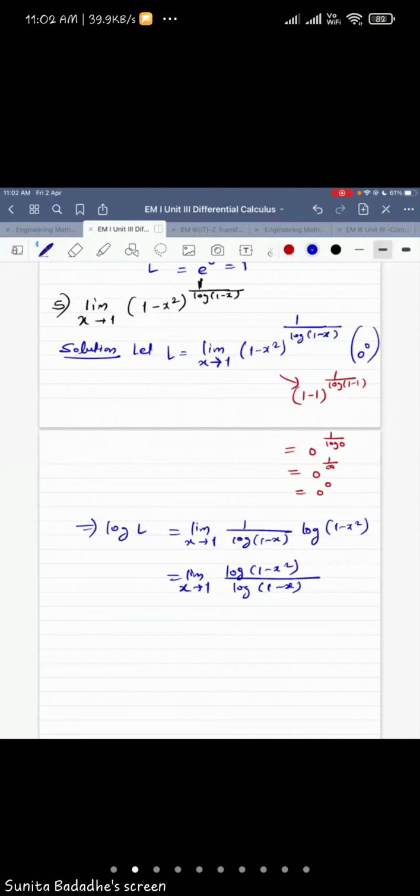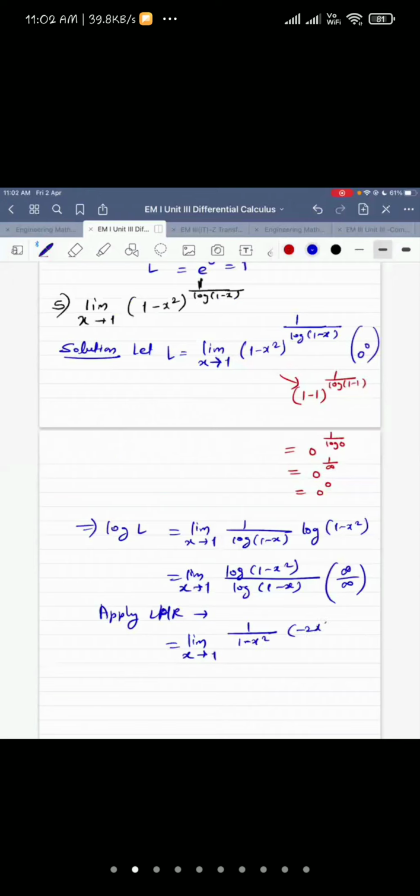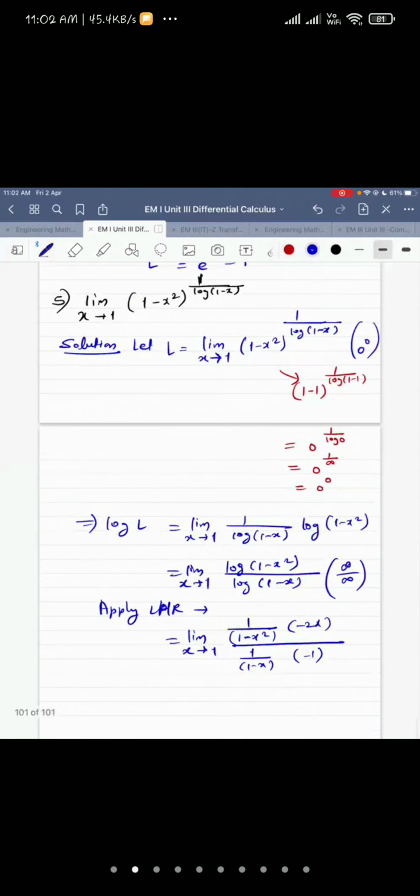Now, as x tends to 1, it is log 0 upon log 0, that is minus infinity upon minus infinity, this form. So you can apply the LHR. What does it give? Limit as x tends to 1 of 1 upon (1 minus x square) into minus 2x, upon 1 upon (1 minus x) into minus 1. We'll get the term in this form, right?